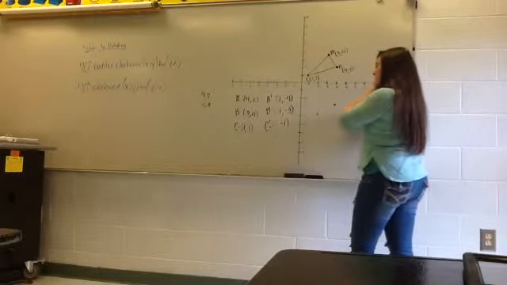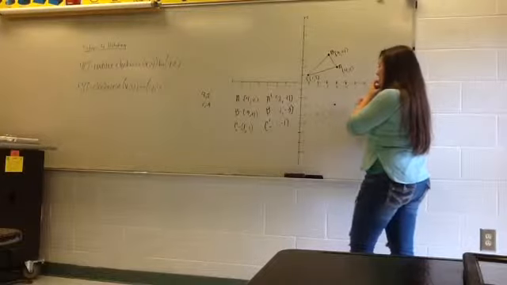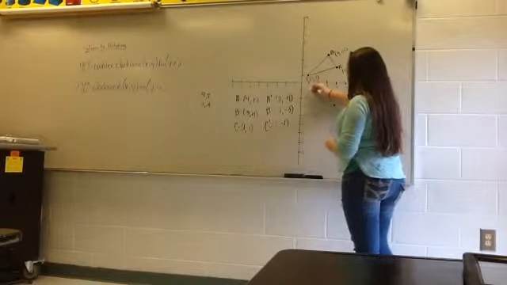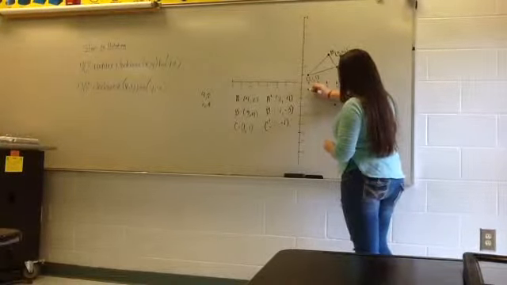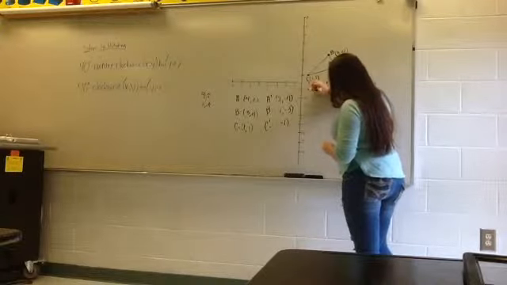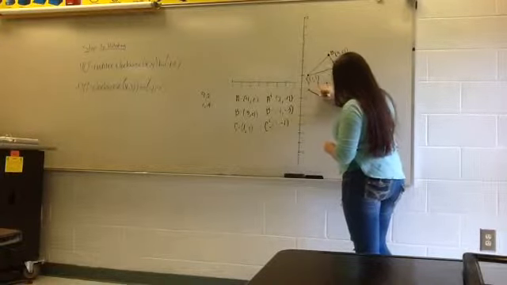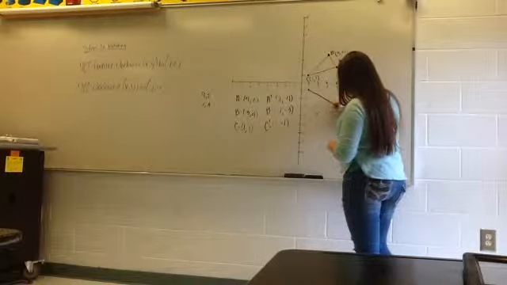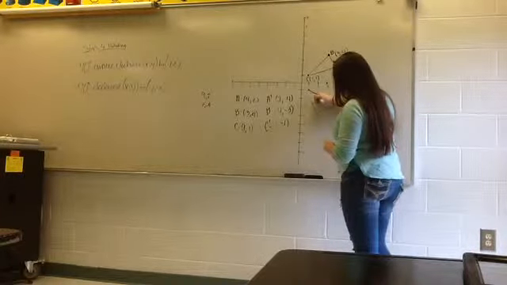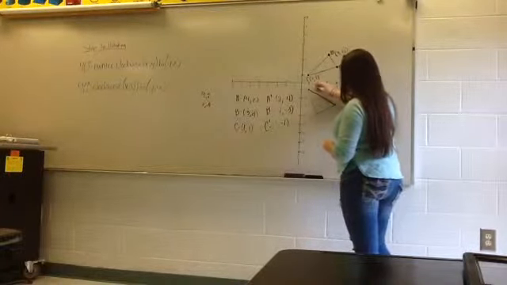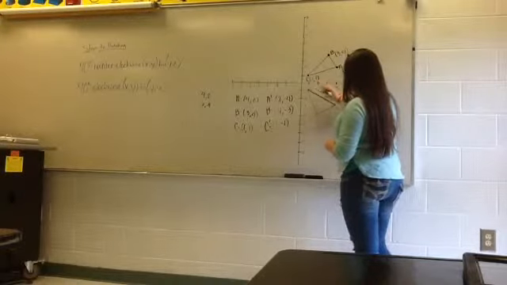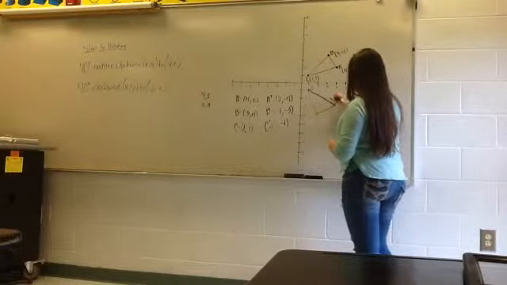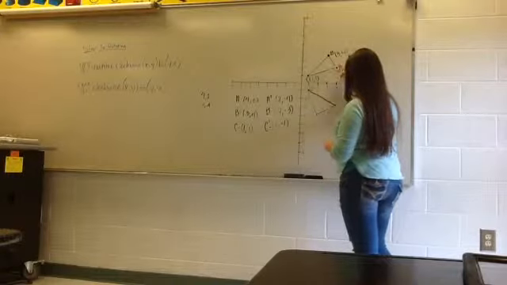For C, it says negative 1, negative 1. So you're going to go over 1 and down to negative 1, and there's your new C coordinate. And now you're going to connect your points. And that is a negative 90-degree rotation of your image.